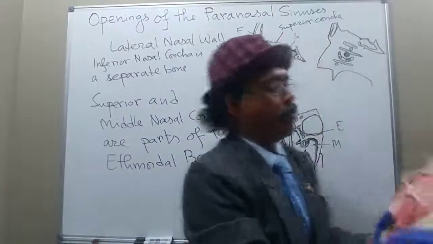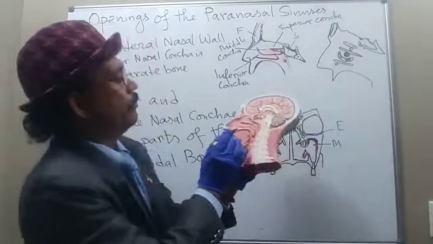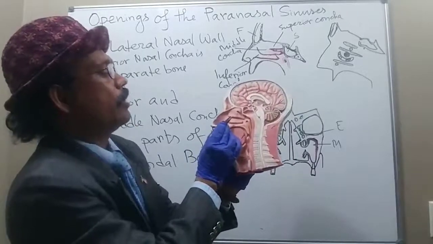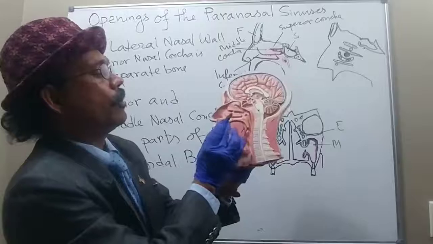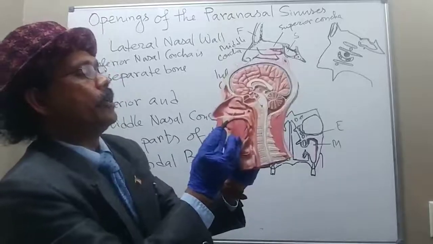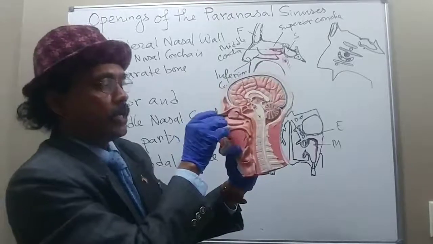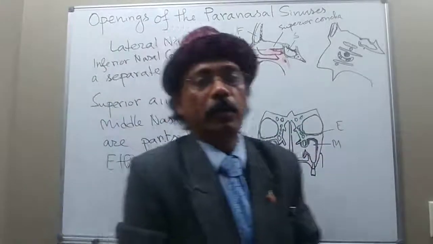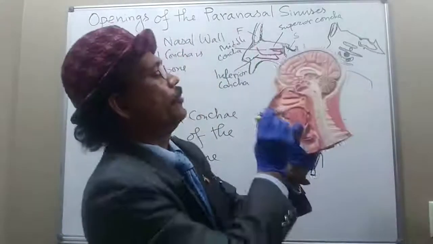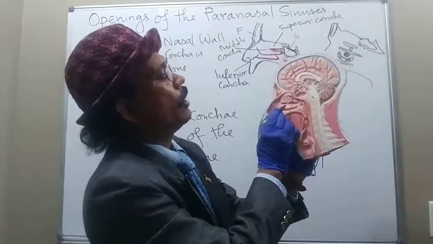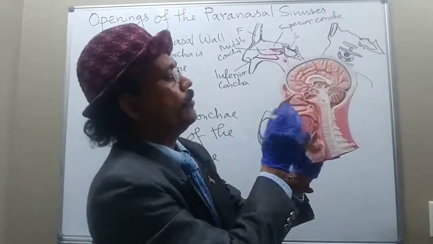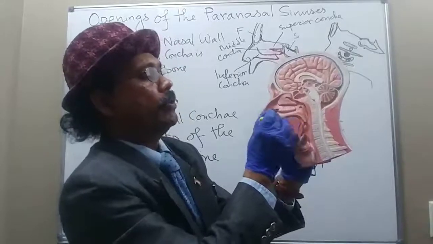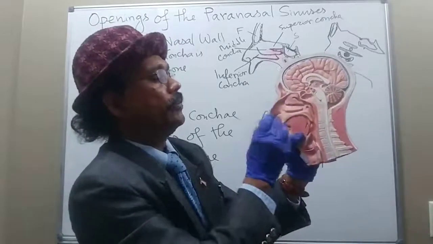If we look at the model, we find that we have the superior nasal concha, middle nasal concha, and the inferior nasal concha. Underneath the concha, we have passages. We call them the meatus. Under the superior nasal concha, we have the superior meatus. Under the middle nasal concha, we have the middle meatus.